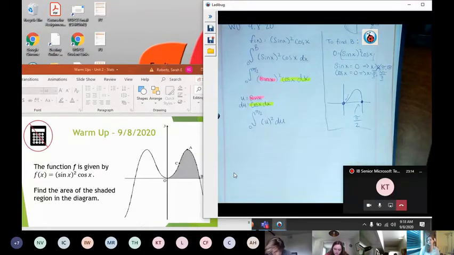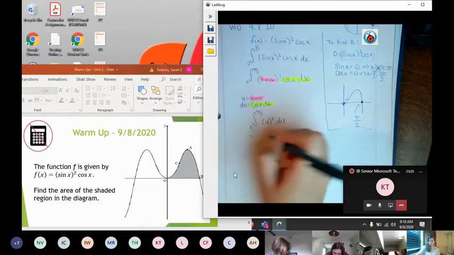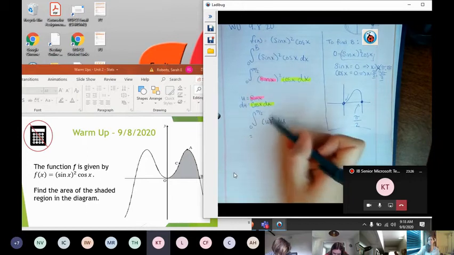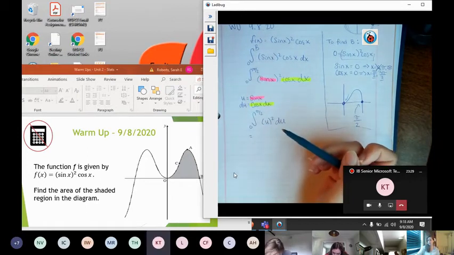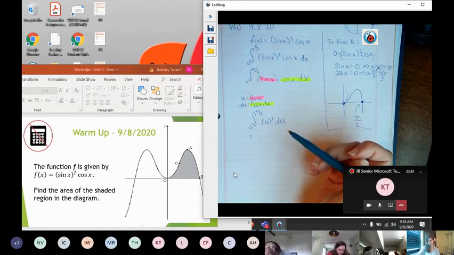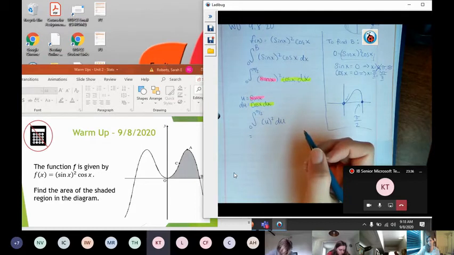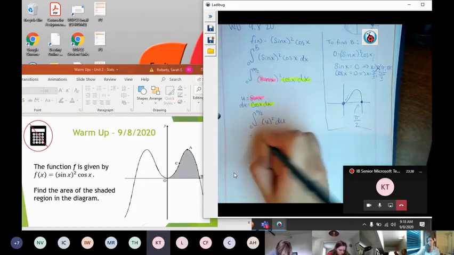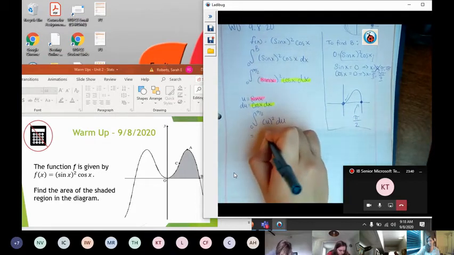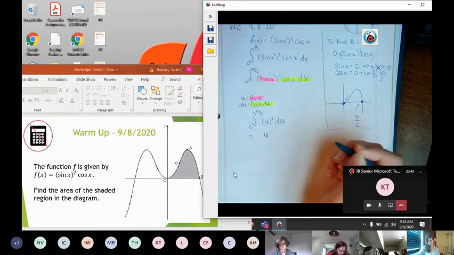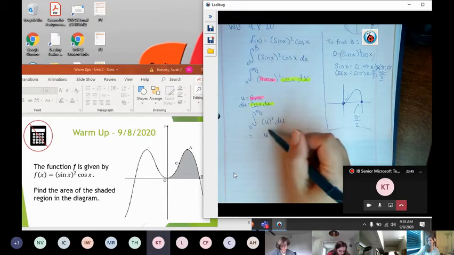Okay, so can you tell me how to integrate u squared? Would it be like 1/2? Not 1/2, because the power is going to go up. Oh. Wait, it wouldn't be like 1/2 u to the... What's my new power going to be when I integrate?